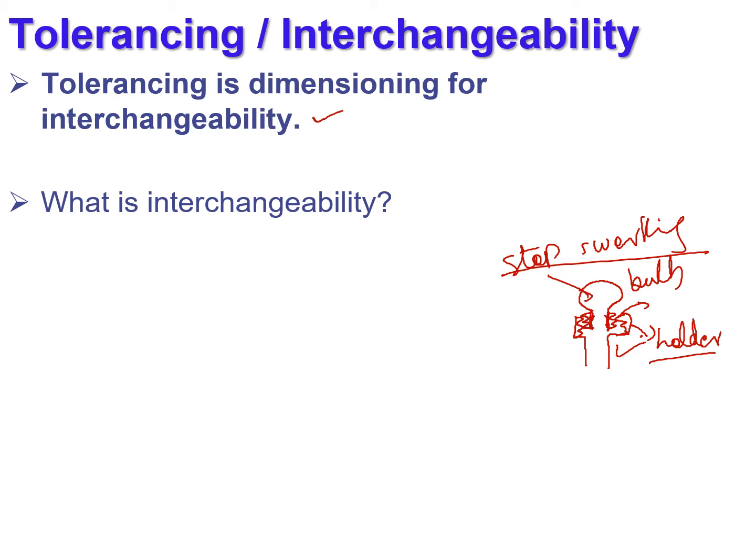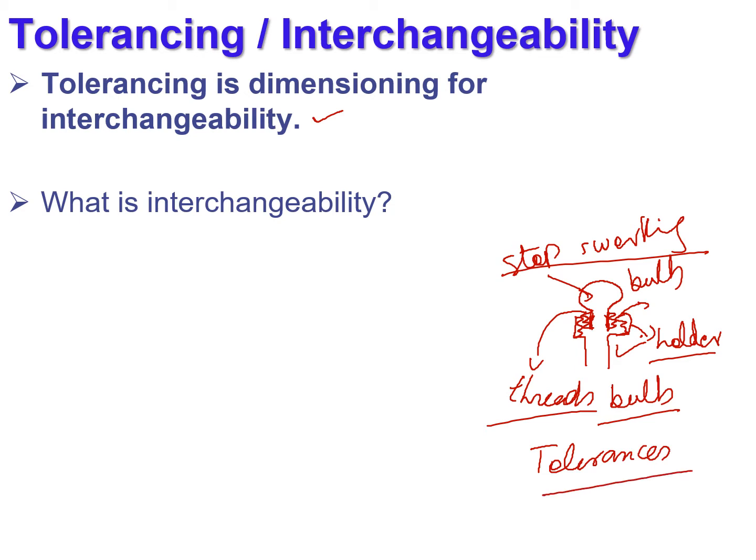We will not be concerned about how it will fit in the holder, because all the bulbs are according to a certain standard. The threads on the bulb are standard, and those standards are according to certain tolerances that we covered in the last lecture, where we specified how different threads, the metric and the Acme threads, are used, and how different types of tolerances are applied on those threads.